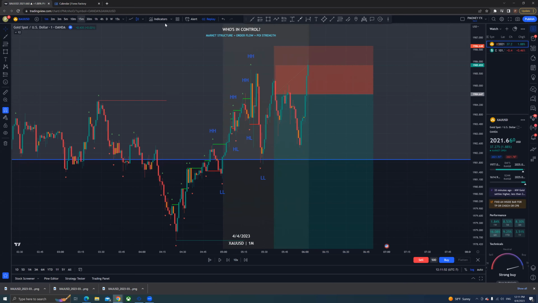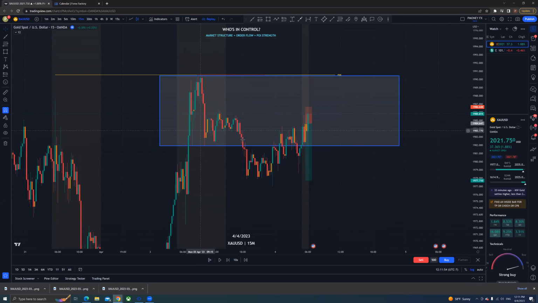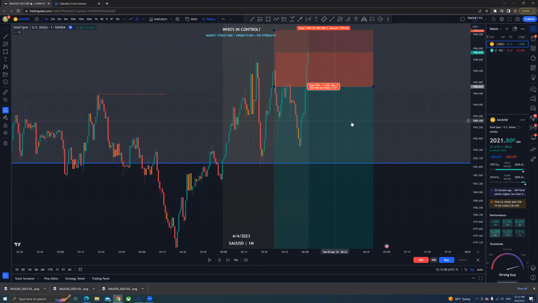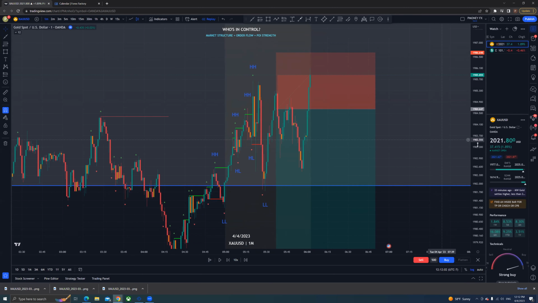Because I have a thought process. I'm in a 15-minute zone. Go back to M1. I want to take a look at that real quick. Sorry. Oh, okay. Got it. So this is just a failed trade.